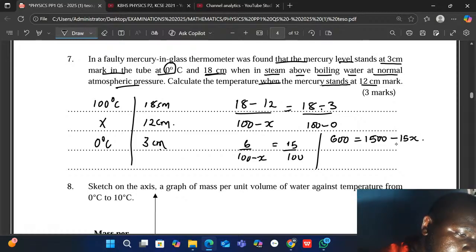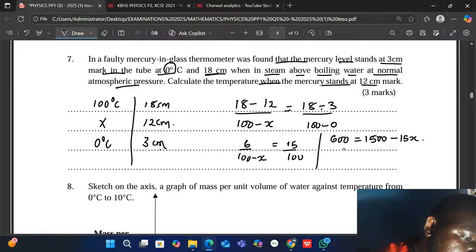So we want to have 15x to be the subject of the formula. So we can either bring it to the left hand side, then we shift this one to the right hand side, or we bring the 1500 to the left hand side and we retain negative 15x.